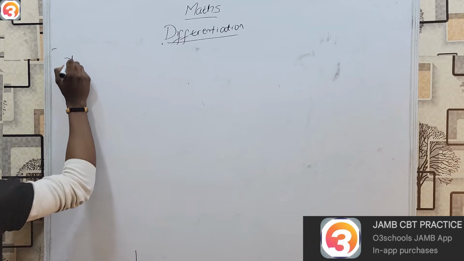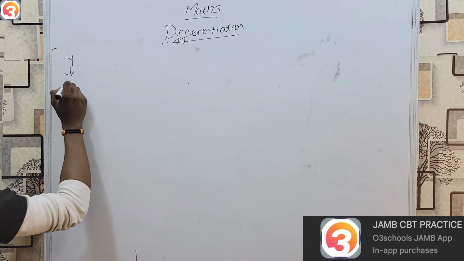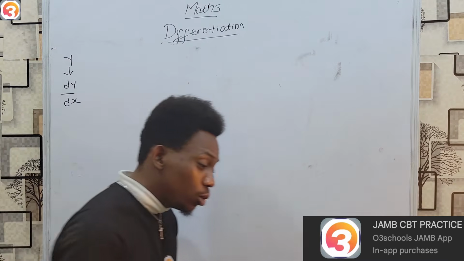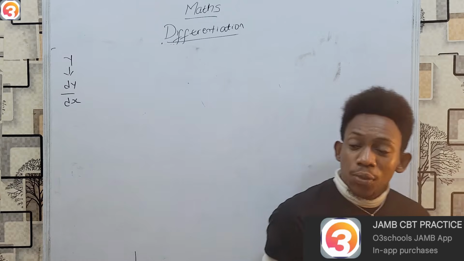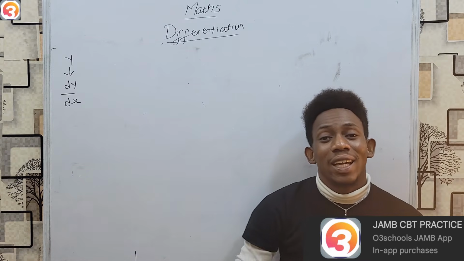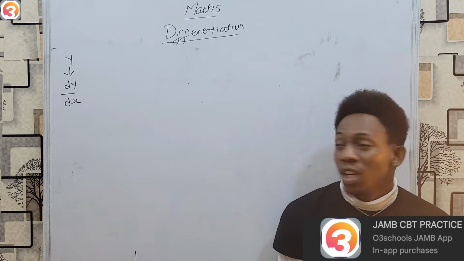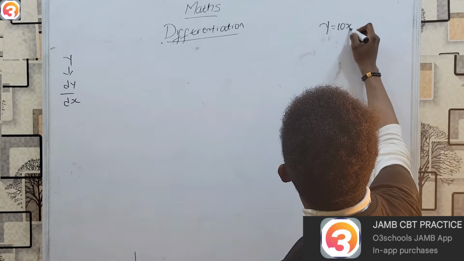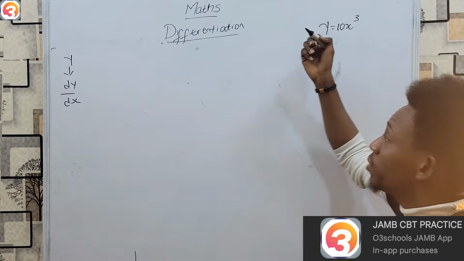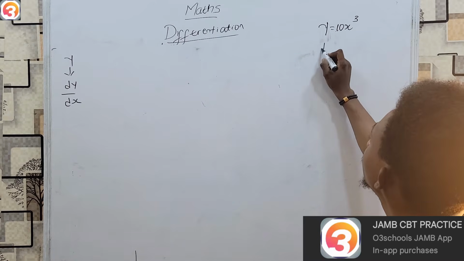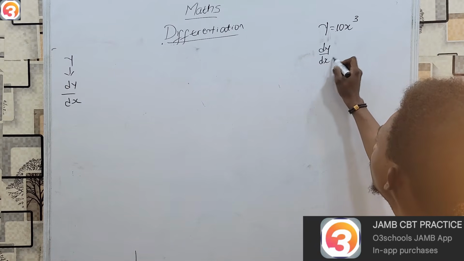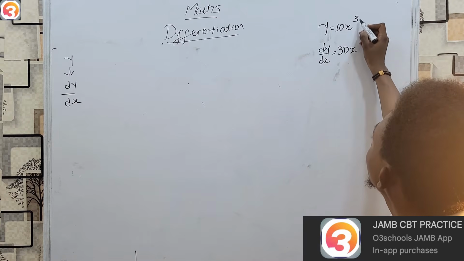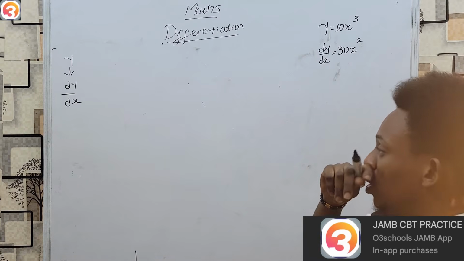Now, we already said from y we can get dy dx. What if in a question we do not want to stop here? What if we want to differentiate this dy dx to see what happens next? For example, if y equals 10x cubed, using the method we learned, 3 times 10 is 30, then x to the power 3 minus 1 is 2, so dy dx is 30x squared.